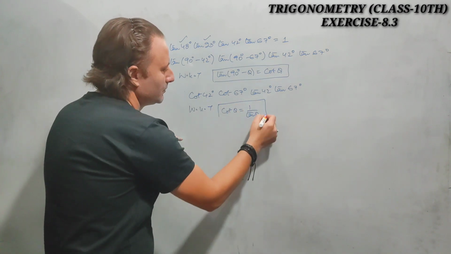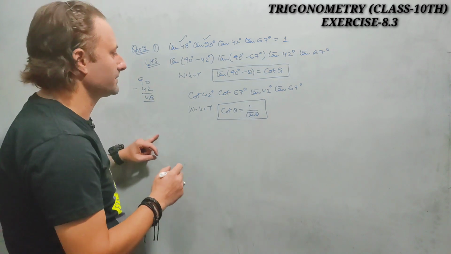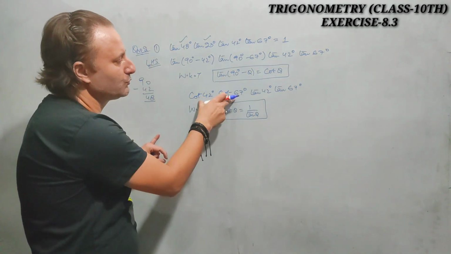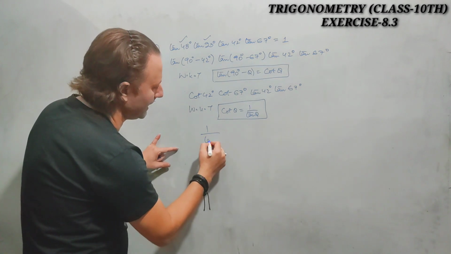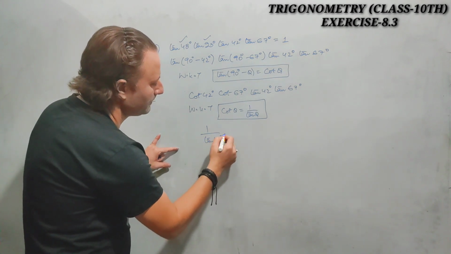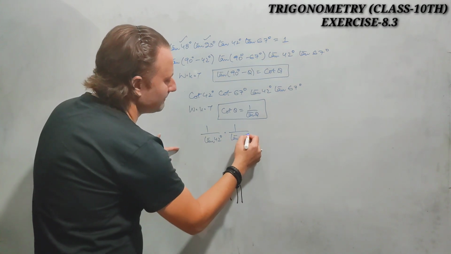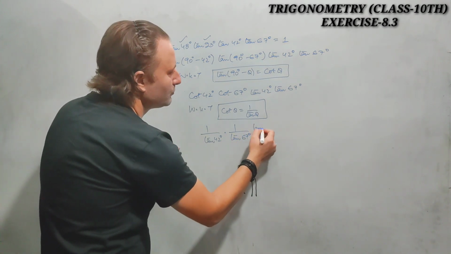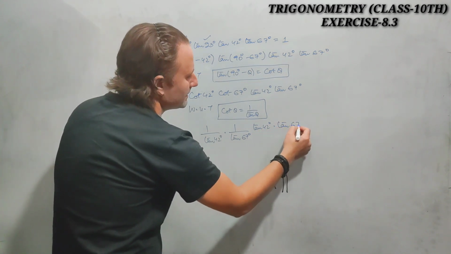You remember? So this was the thing that I told you in the first lesson itself. So here we have two cots. I'll write cot 42 as 1 upon tan 42, then 1 upon tan 67, and then the other two will be the same, tan 42 and tan 67.